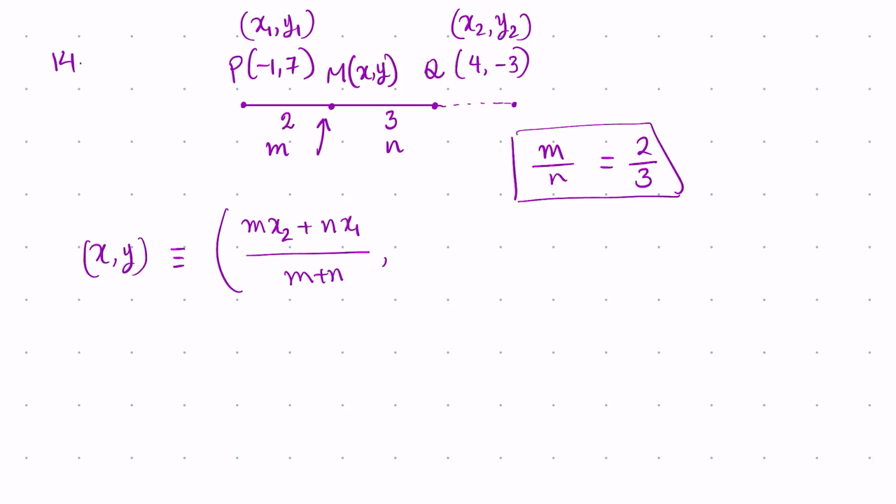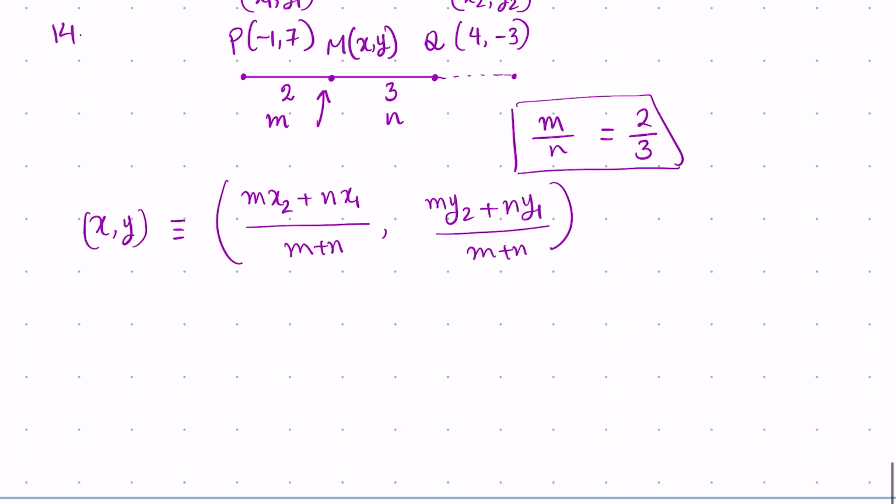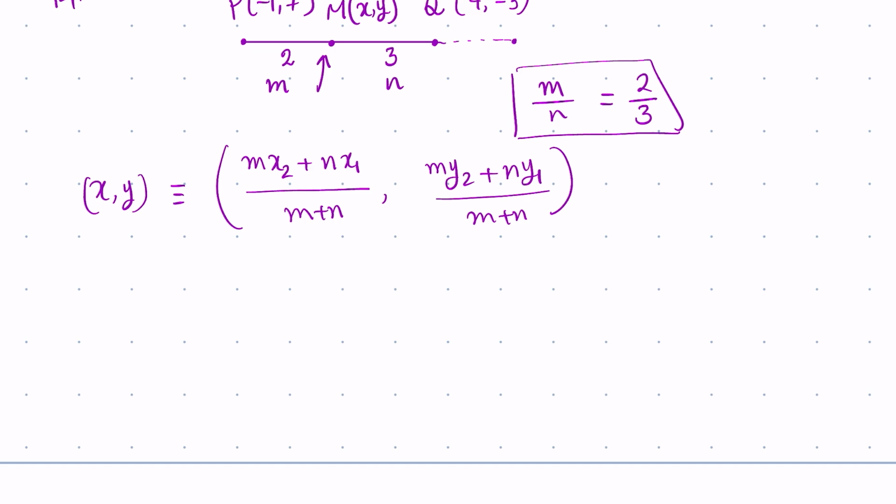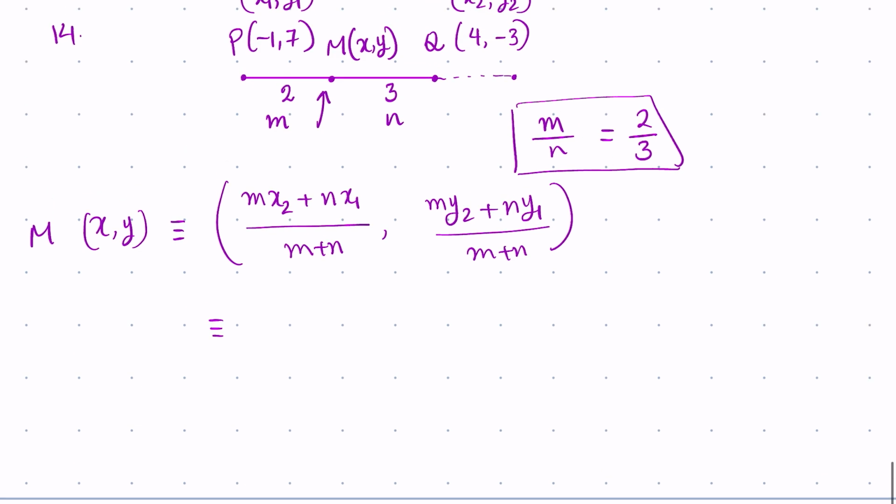The y coordinate is given by (m times y2 plus n times y1) divided by (m plus n). So the required point, m in our case, is nothing but m times x2.